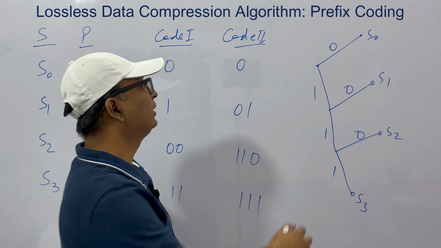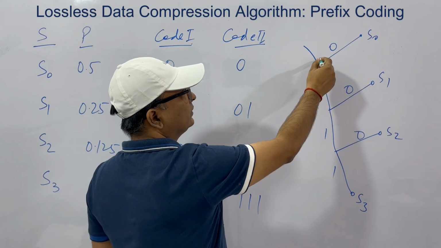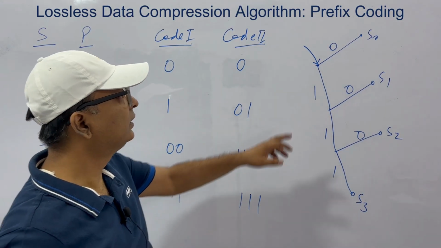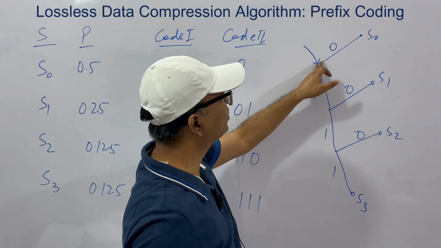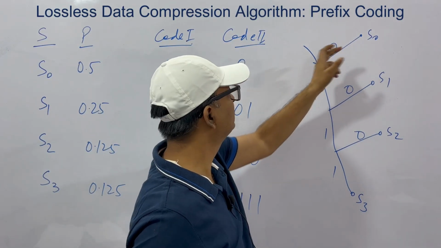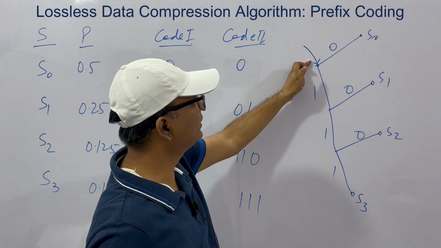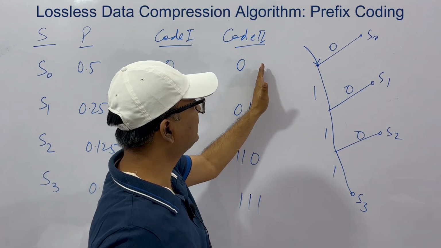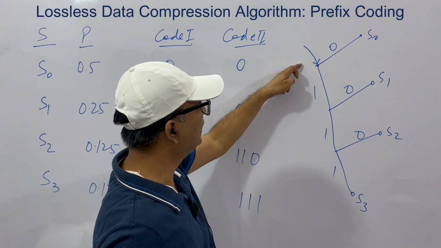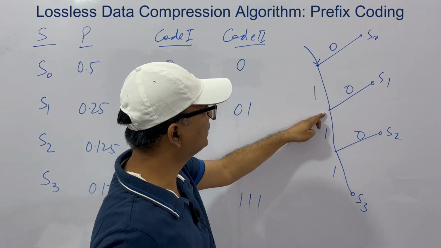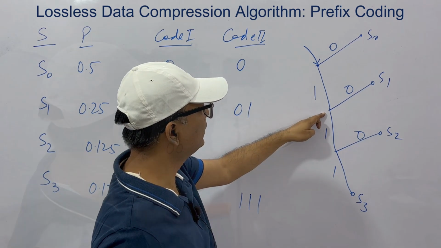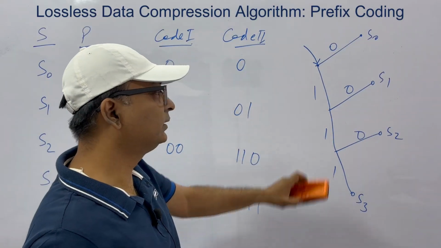See, your code arrives at this point. The moment it is 0, it goes to S0. Otherwise, it will look at the next digit. If the next digit is 1, it will go to this point. Why was this not working before?